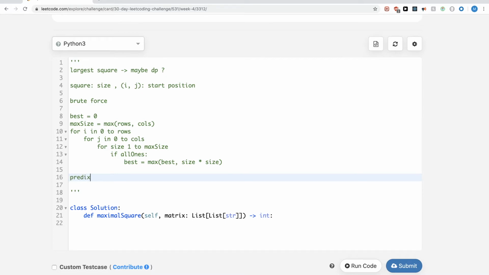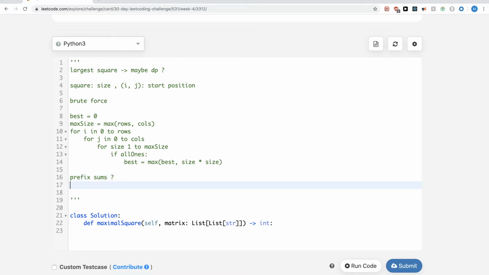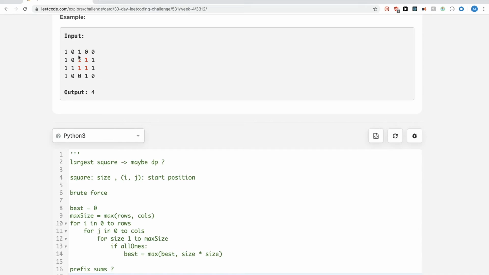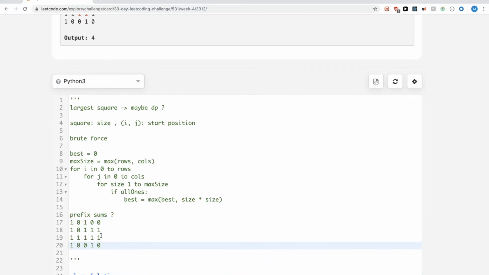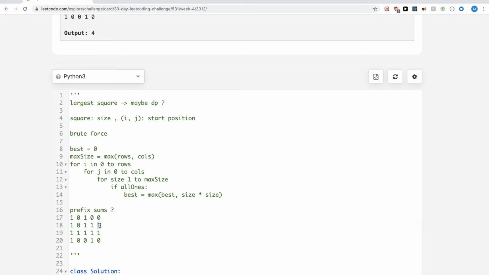I'm thinking, can we use prefix sums in some way? If we do prefix sums, what will happen is that we would have some positions that have, let's say, 4, right?